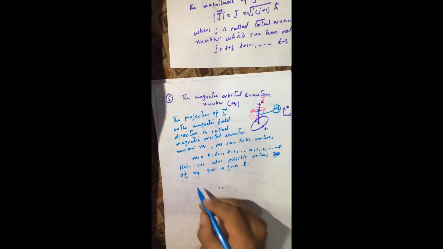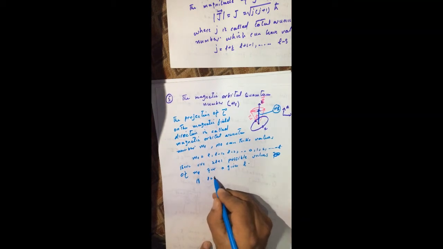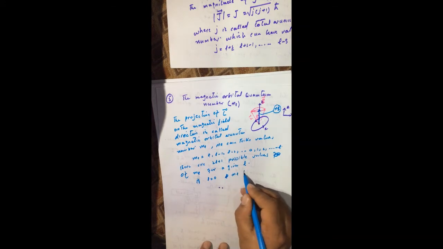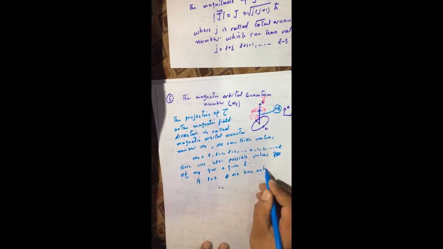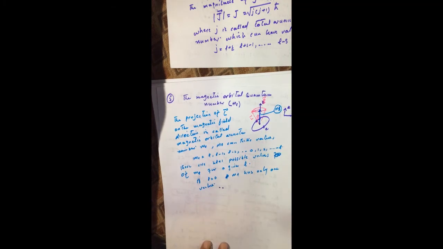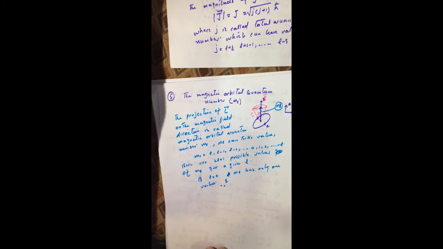For example, if L is equal to 0, this ML has only one value, which is 0.